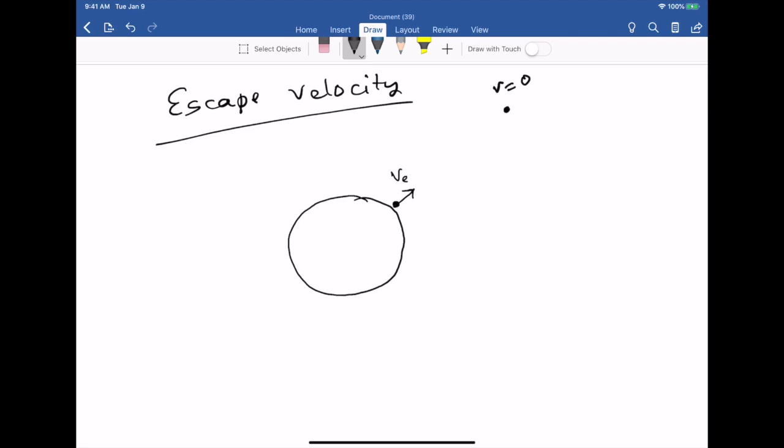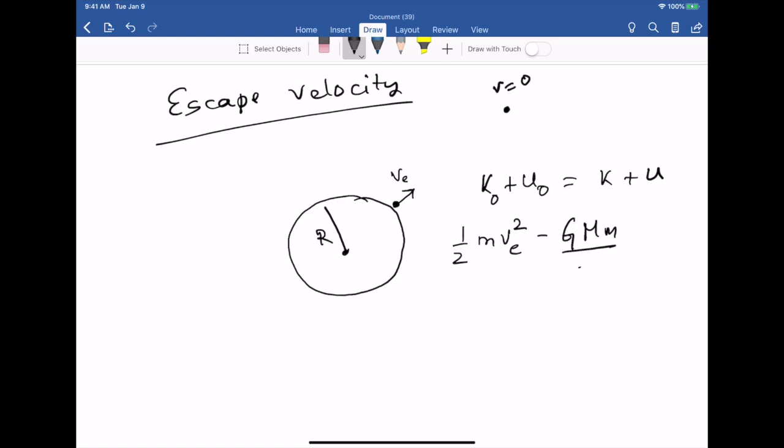So let's set up conservation of energy, and we're going to ignore friction and all that. So K initial plus U initial is equal to K final plus U final. The initial kinetic energy is 1/2 m v escape squared. What is the initial potential energy? It's minus GMm divided by R, R is the radius of the Earth or planet that you're looking at.